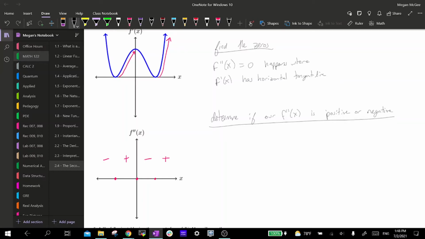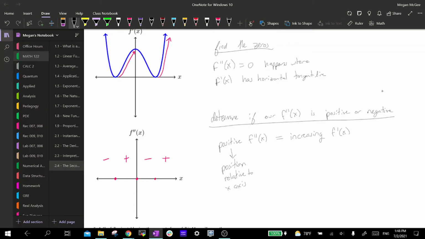So again, positive second derivative, okay, is the same thing as increasing first derivative, okay, and positive is position relative to the x-axis.